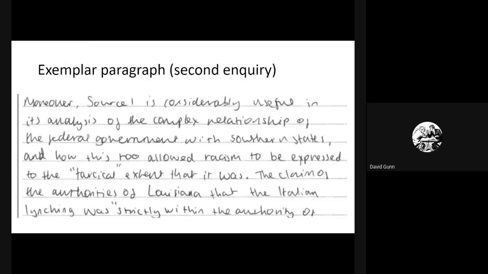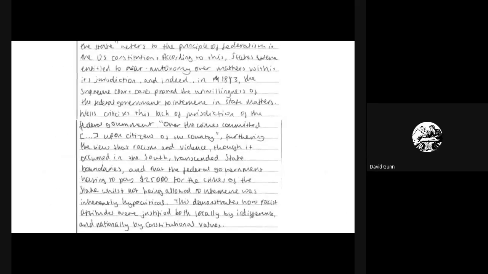So it says, moreover, source 1 is considerably useful in its analysis of the complex relationship of the federal government with southern states and how this too allowed racism to be expressed to the farcical extent that it was. So that's the point. The claim of the authorities of Louisiana that the Italian lynching was strictly within the authority of the state refers to the principle of federalism in the US Constitution.